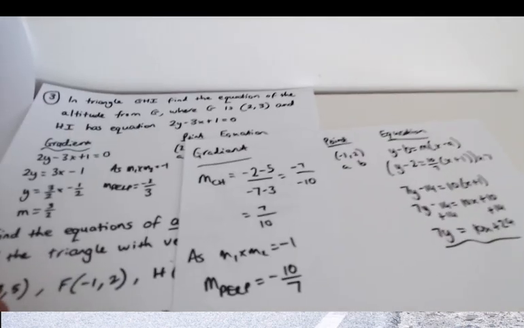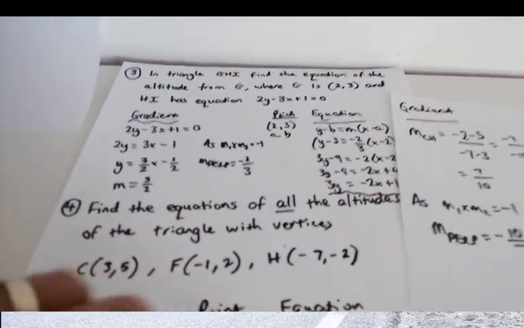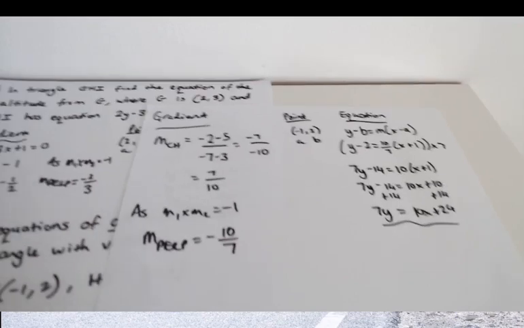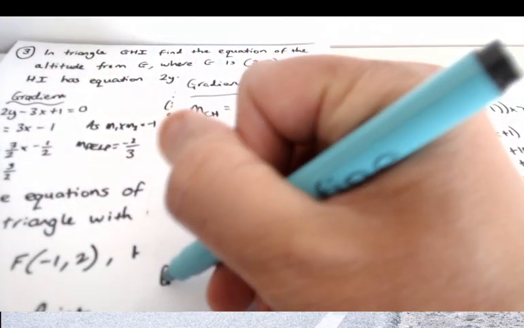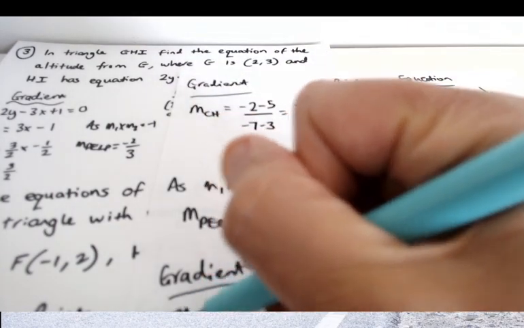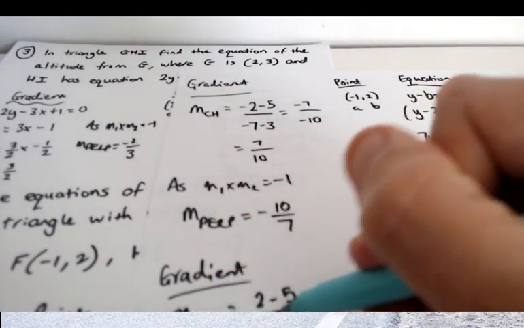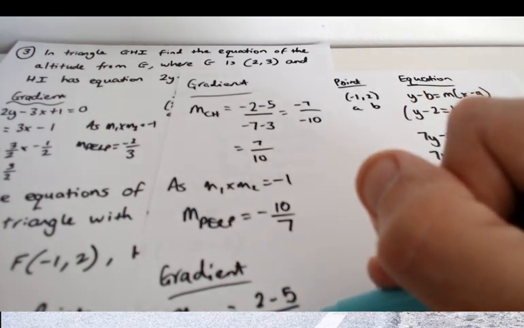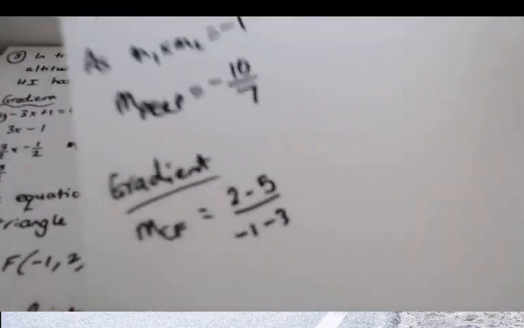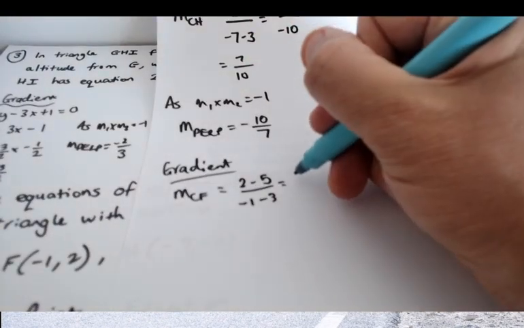It must be the altitude from H. So I need the gradient of the opposite side, which is CF. That's going to be 2 take away 5 over minus 1 take away 3. 2 take away 5 is going to give me minus 3.